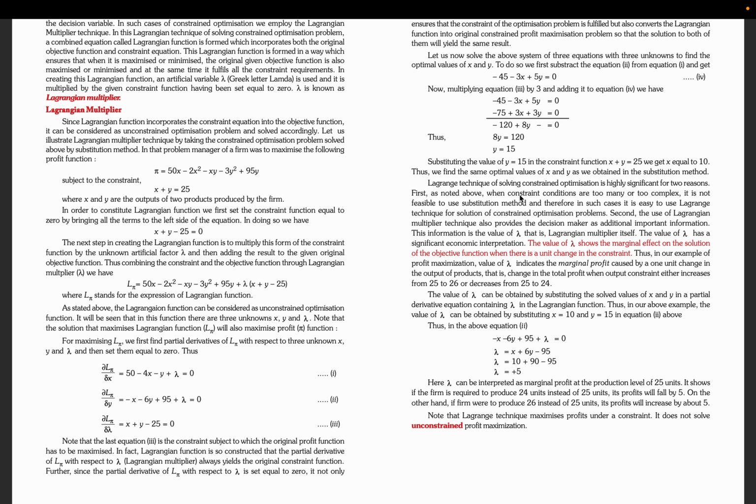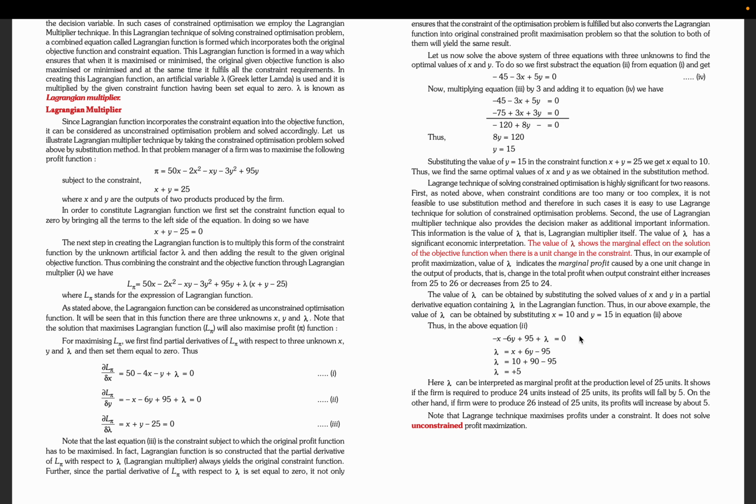The Lagrange technique of solving constrained optimization is highly significant for two reasons. First, as noted above, when constraint conditions are too many or too complex, it is not feasible to use a substitution method, and therefore, in such cases, it is easier to use the Lagrange technique for solution of constrained optimization problems. In this case, of course, we did solve it using the substitution method, so it was fairly easy.